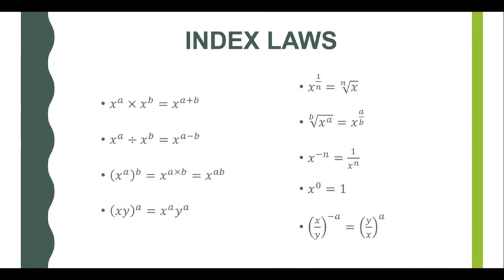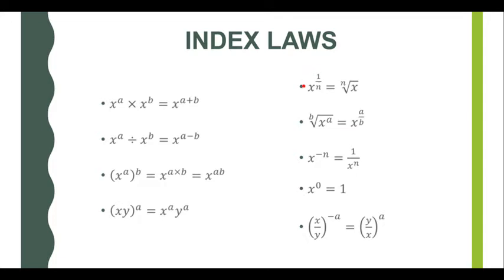If we have a number with a power inside a bracket to another power, we can multiply the powers together. But if we have two numbers in a bracket to a power, that's the same as each number in the bracket to that power.